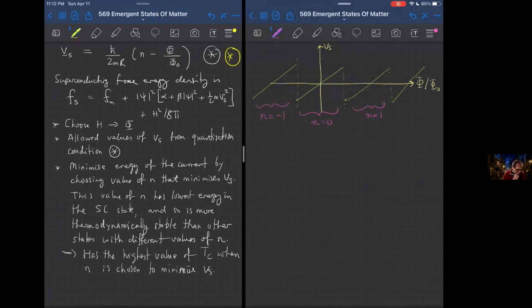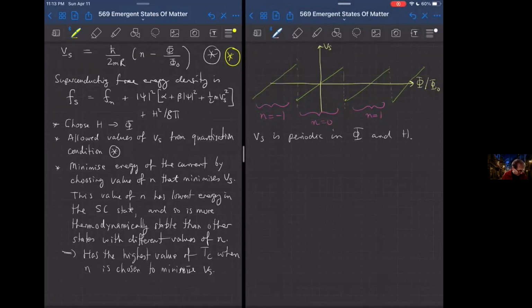And so this must be the form of Vs. And you can see that Vs is a periodic function in phi and thus in H.